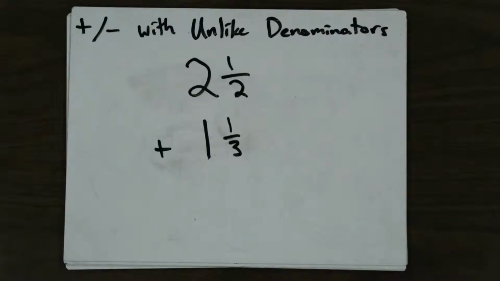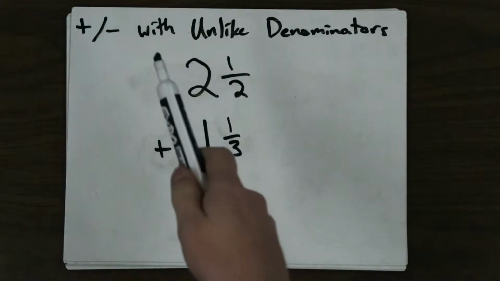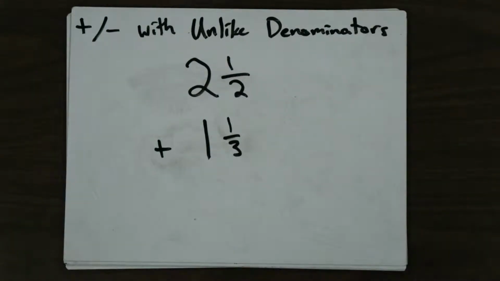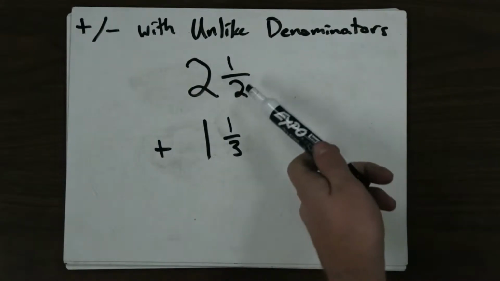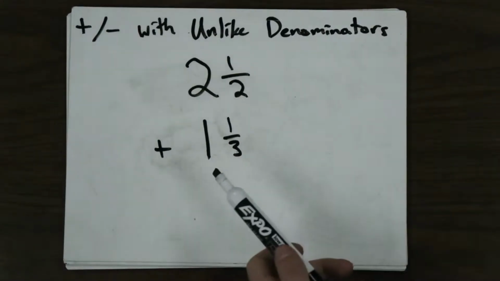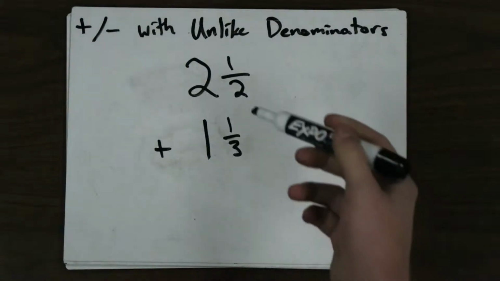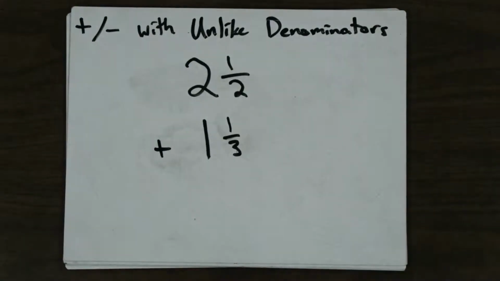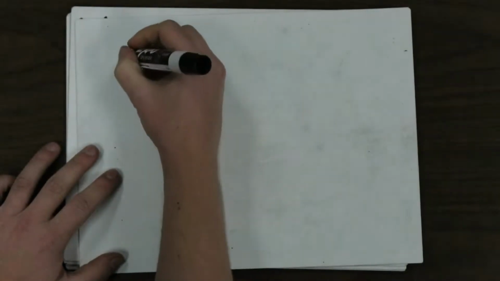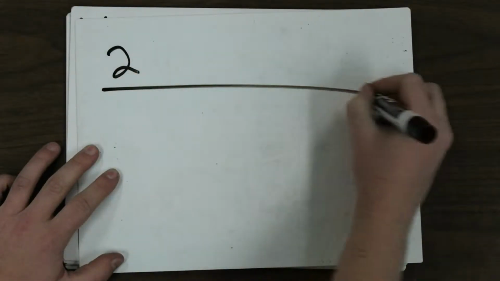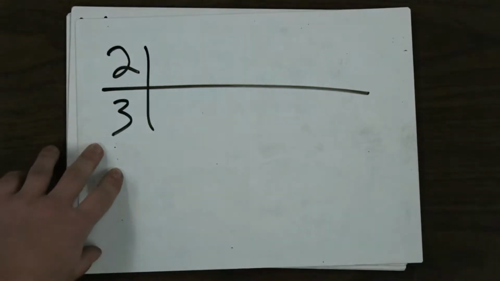Now, what if I'm adding or subtracting mixed numbers that have unlike denominators, which means that the denominators are not the same? Well, if they're not the same, then we have to first change them so that they will be the same. Now, to change them, we're going to need to make a list of our 2 denominators. So our denominators are 2 and 3.